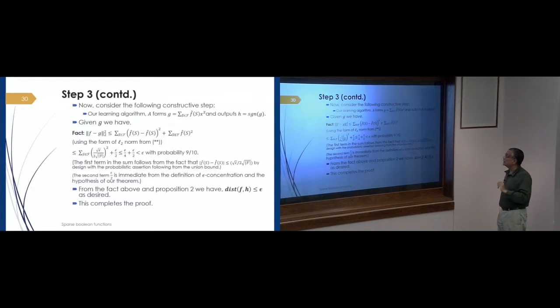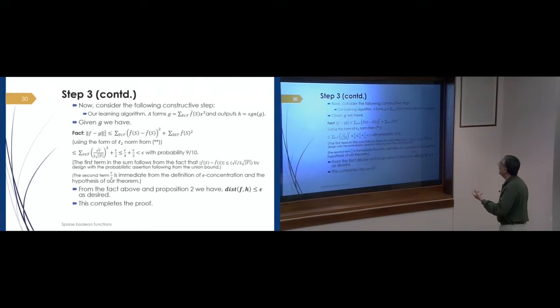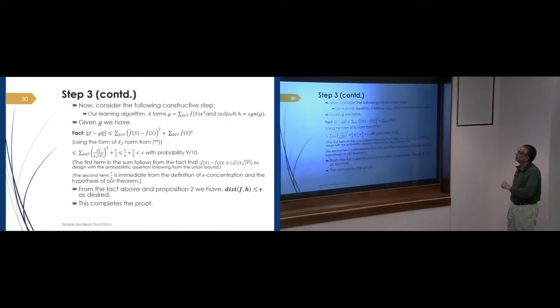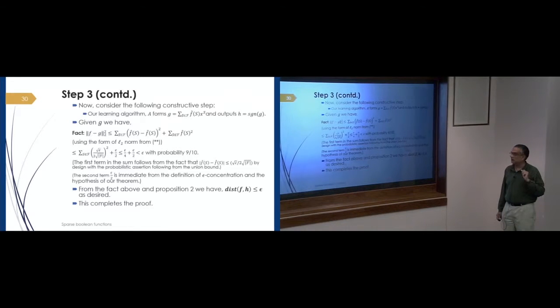And h is simply sign of g. So our algorithm now does that. So it builds, given from proposition 1, the fact that we can build the f tildes, it builds the actual function g using the Fourier expansion.